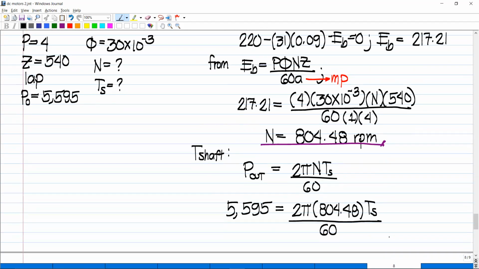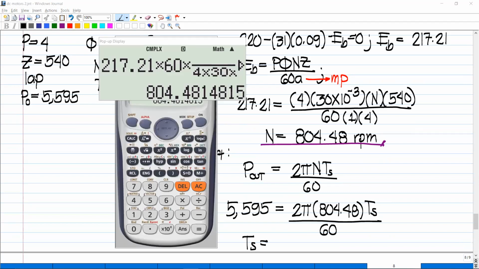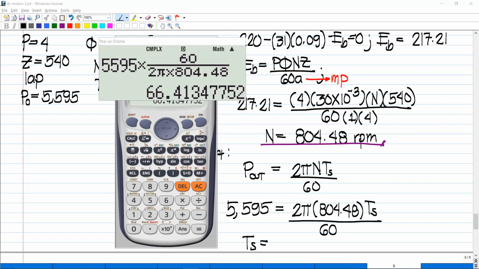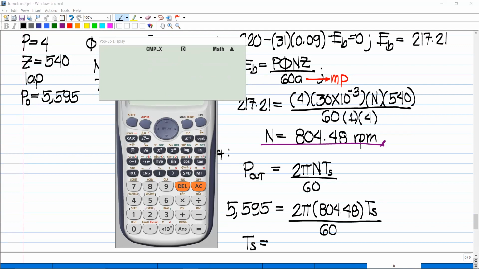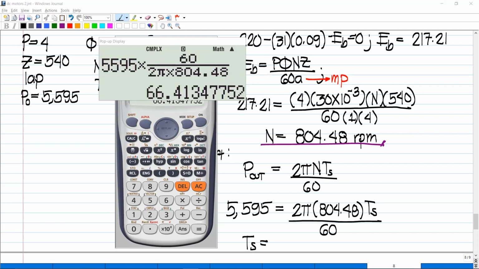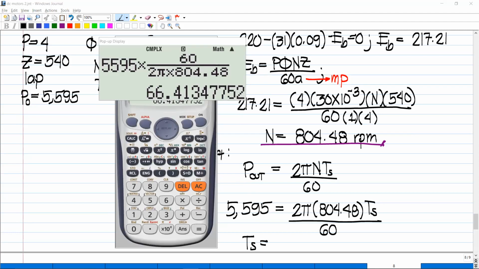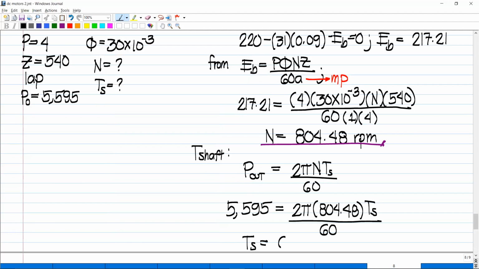Let us shift solve the value of the torque. We cross multiply 5,595 by 60, and then divide by everything beside torque: 2 pi and 804.48. The result is 66.41 Newton meter.